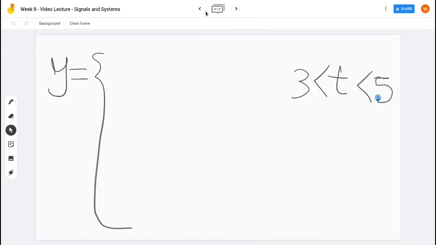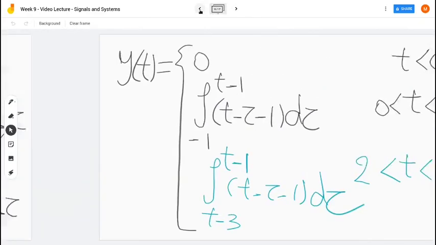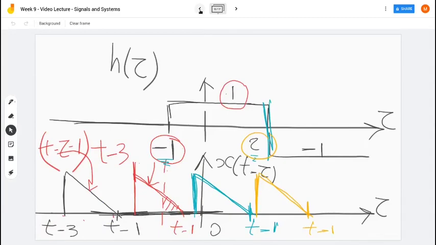And in this interval, the integration actually will be divided into two parts. The first part is from t minus 3 up to 2, and the second part will be from 2 up to t minus 1.